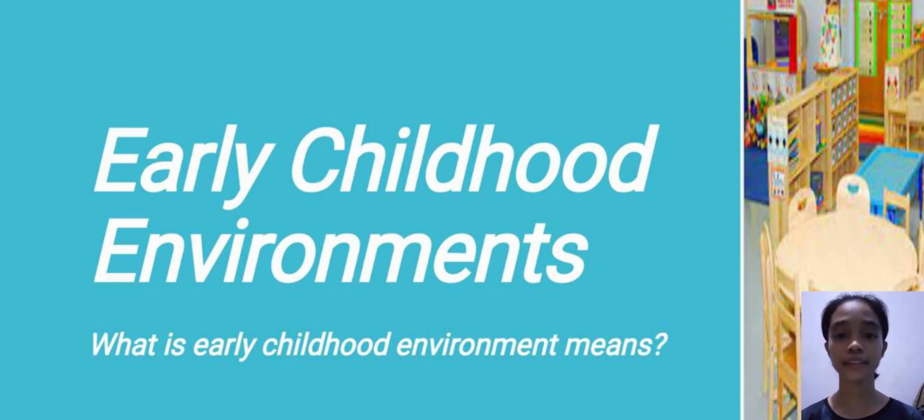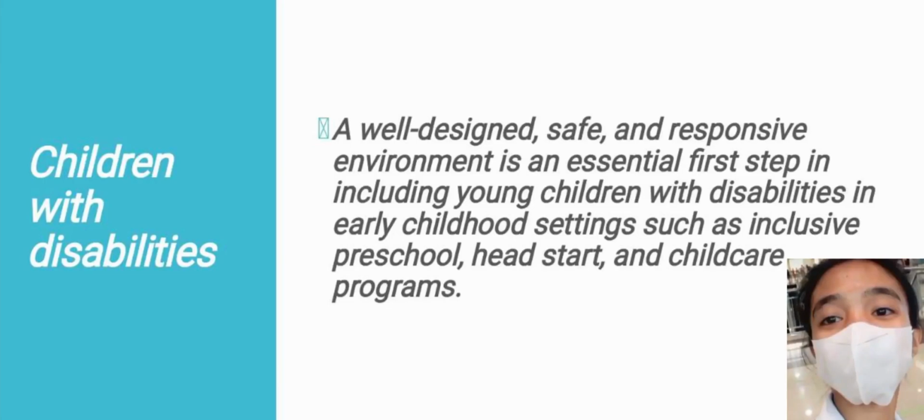the identified disabilities. Now, the children with disabilities. A well-designed, safe, and responsive environment is an essential first step in including young children with disabilities in early childhood settings such as inclusive preschool, Head Start, and childcare programs.